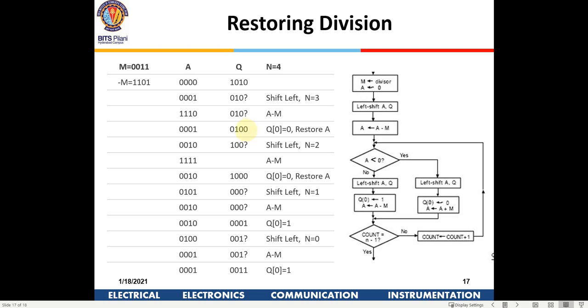We put a 0 out here, and also restore A. Whatever we got after subtraction, we are not going to use that. We put whatever was the value of A before the subtraction back here. Is this till here clear to all of you? Do you want me to repeat this? Anybody?